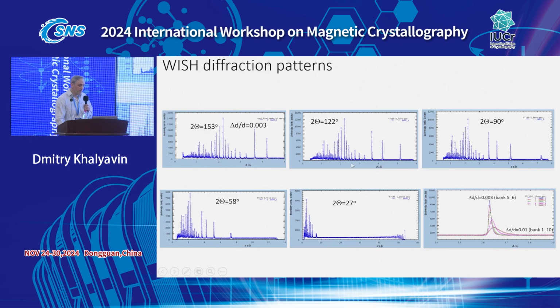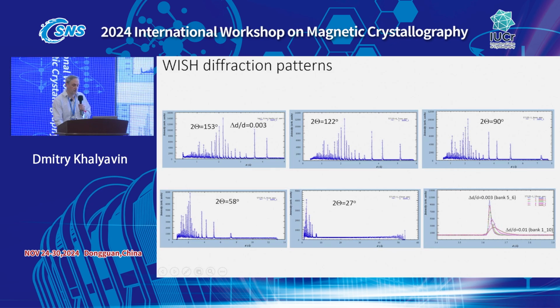So we have 5 patterns, so you can see the 2 theta average scattering angle for each of them, and on back scattering, you can see the peaks are very sharp, and then when we move towards forward scattering, the peaks become broader.